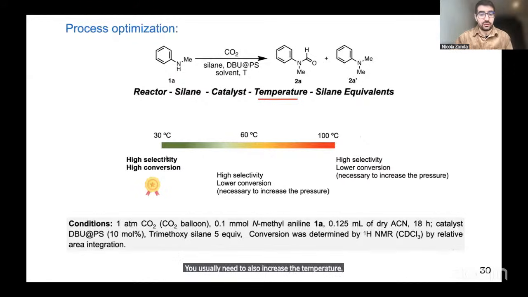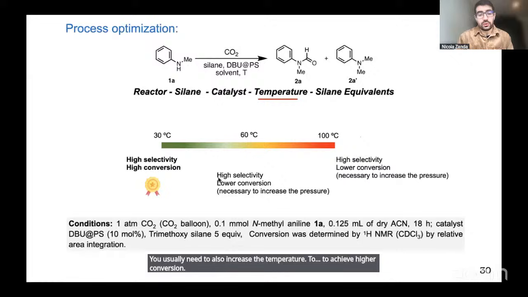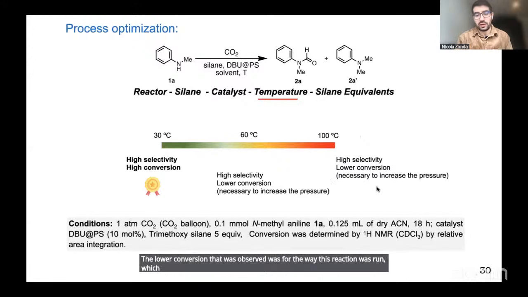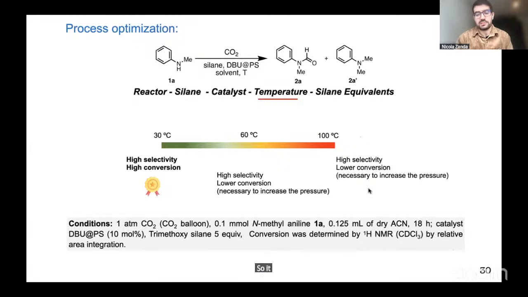And what we wanted to observe with this experiment was that the selectivity was kept high also at this temperature. The lower conversion that was observed was due to the way this reaction was run, which was actually not in an autoclave, but in a vial. So it was not possible to load as much CO2 as necessary. Furthermore, at 100 degrees, the solubility of this gas was way lower in comparison with 30 degrees.